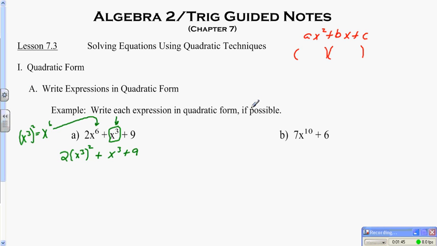In our next example, there is no middle term. So then all we need to do is say, can we write x to the 10th as something squared? And that is true, we can by taking x to the 5th. So that one's a little bit easier, again, if it's possible.